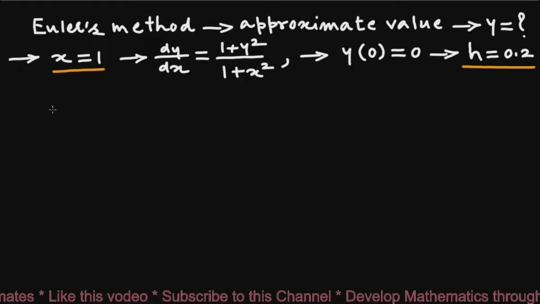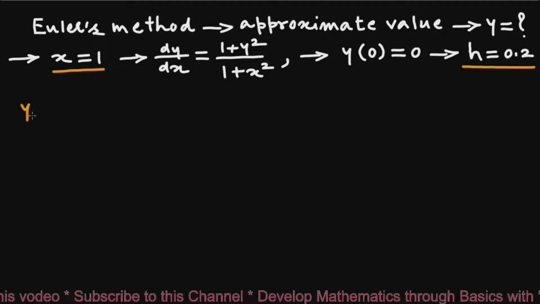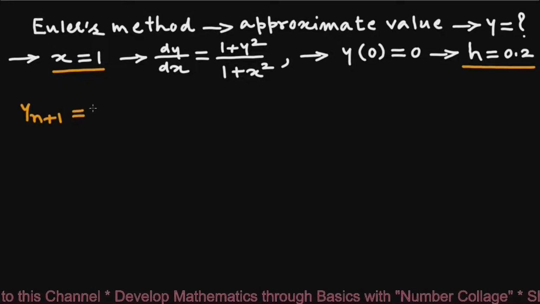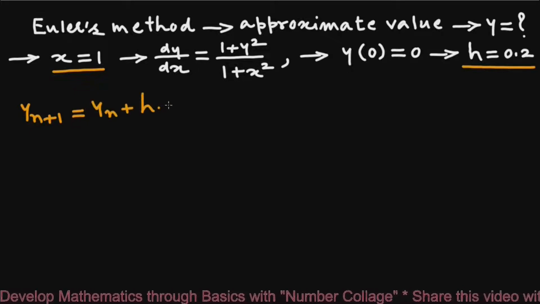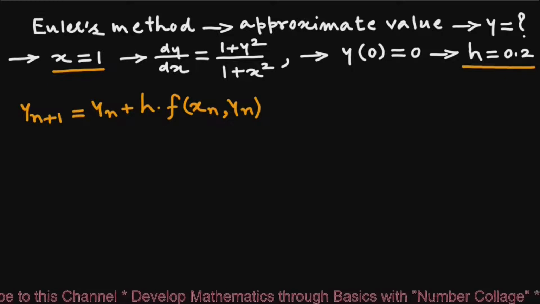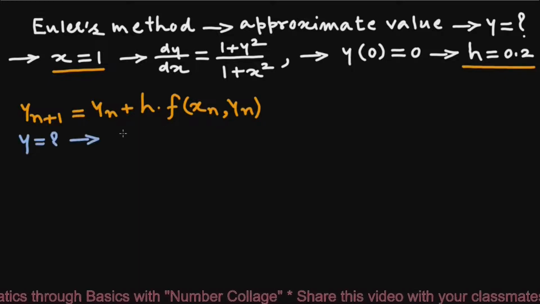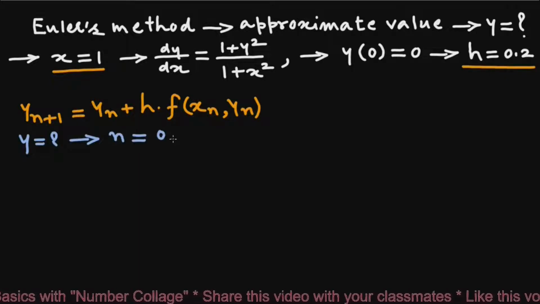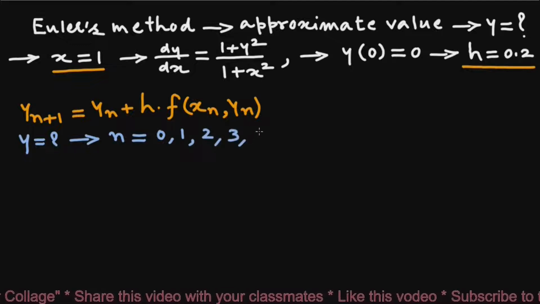We have, for Euler's method, yn plus 1 equals yn plus h times f of xn comma yn. We have to find values of y when n is 0, 1, 2, 3 and 4.